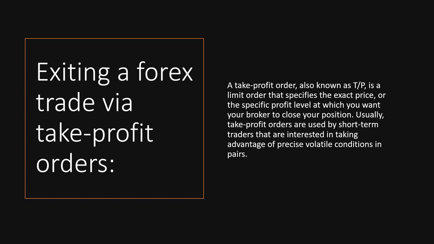A take-profit order, also known as a TP, is a limit order that specifies the exact price or the specific point level at which you want your broker to close your position. Usually take profit orders are used by short-term traders like you and me that are interested in taking advantage of precise volatile conditions in the market.